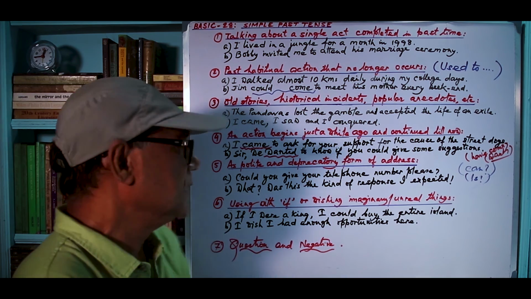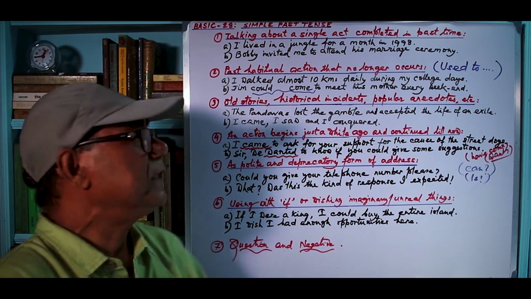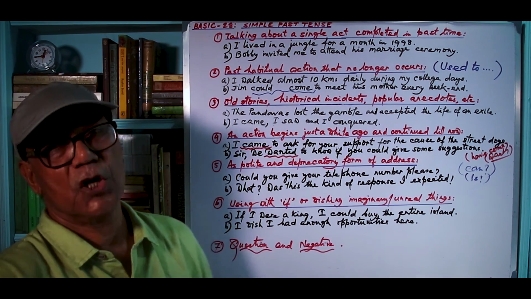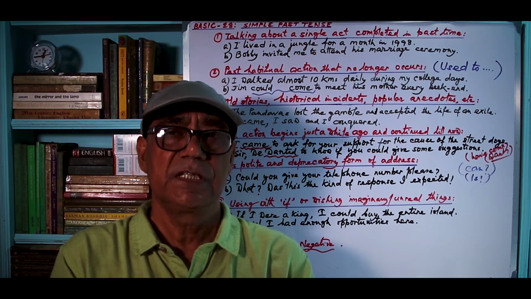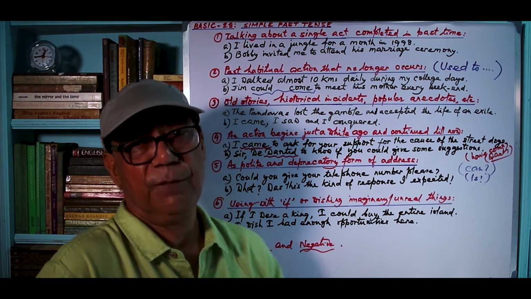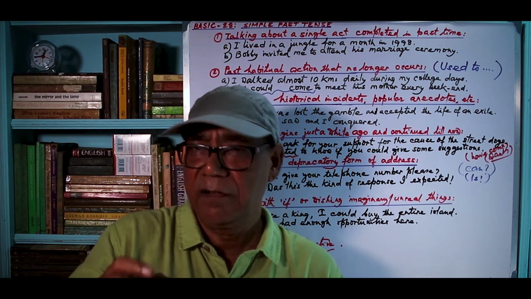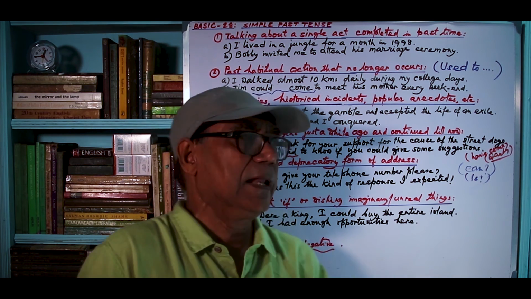In that case, simple past tense operates well. So these are the areas of operation. We can confidently use simple past tense form, and that would give your English a real English touch. You need not worry about anything else.